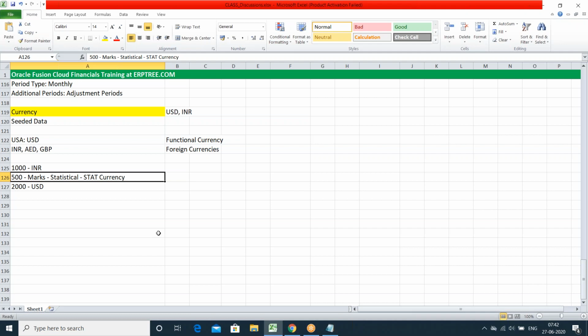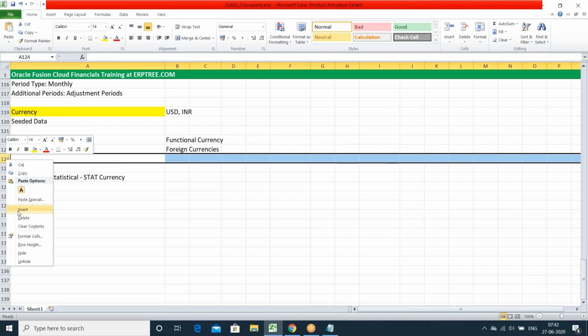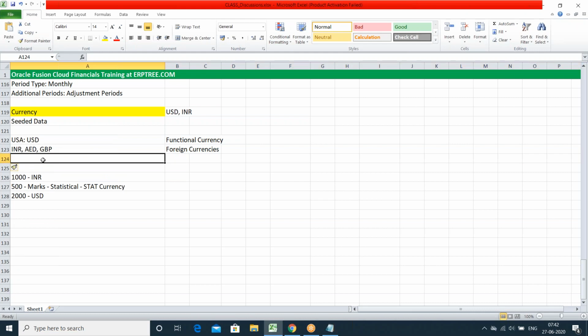So now the final point we have to take here is, we have 3 types of currencies as per system. Those are here. You can take anything: marks, square feet, or kilograms.